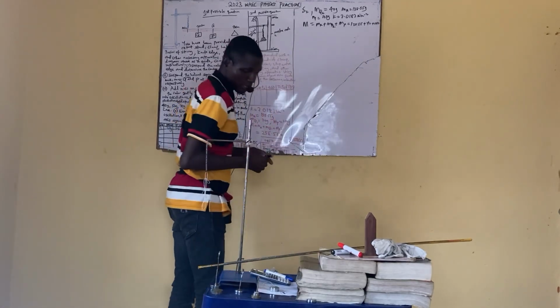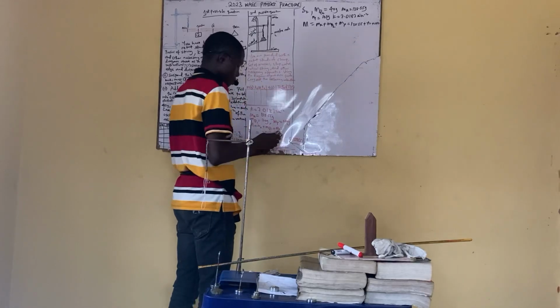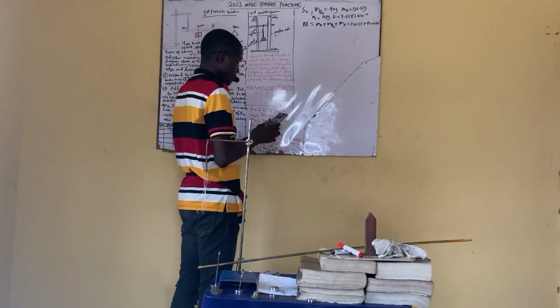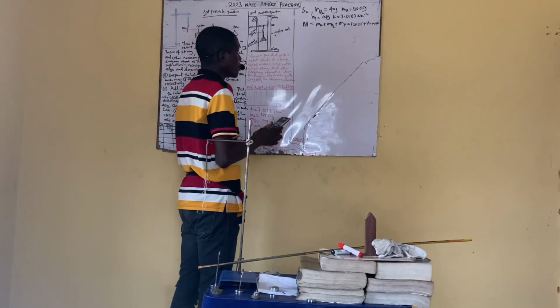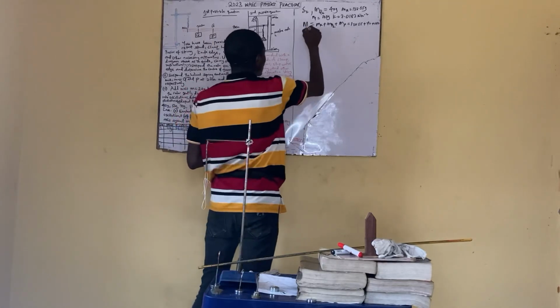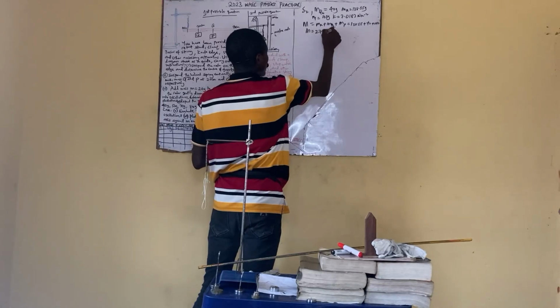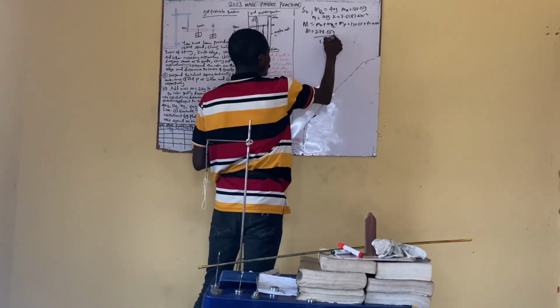So if I add them together, what do you get? 138.55 plus 40 plus 100 equals 278.55 grams.